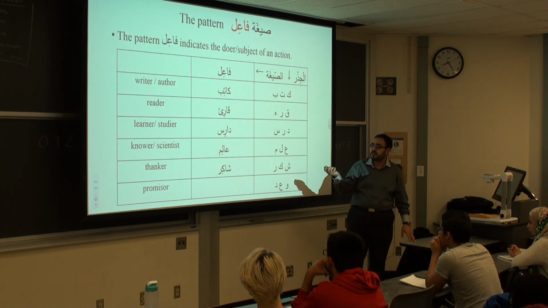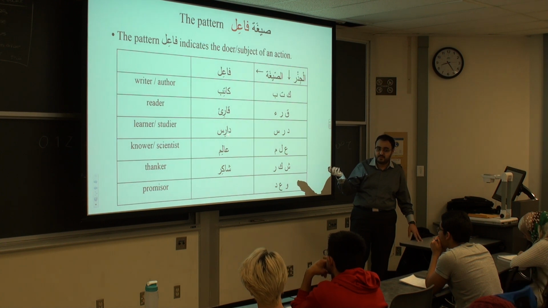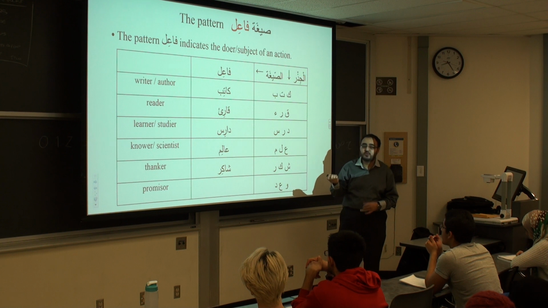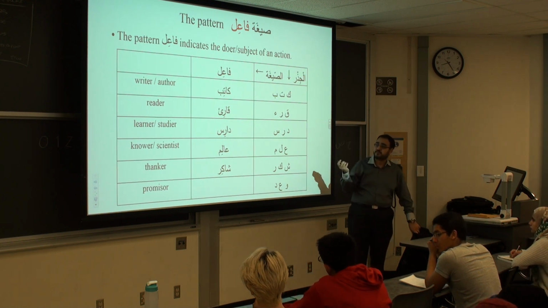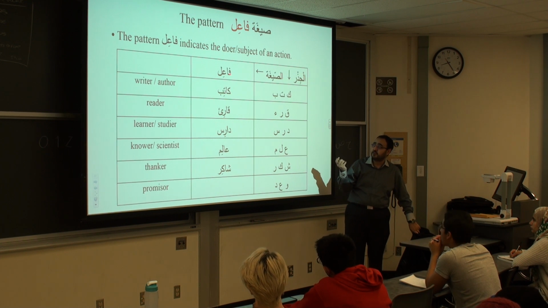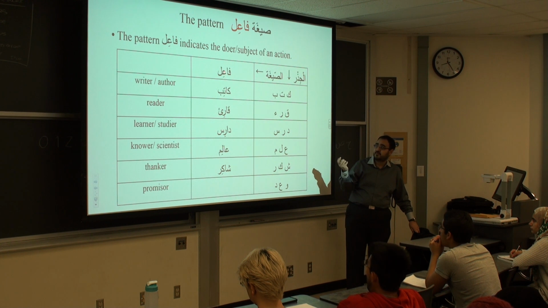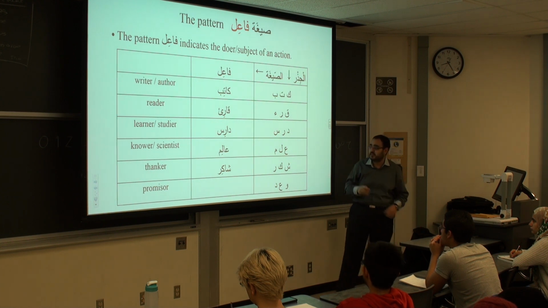Next one. So how do we form this word again? You replace the fa with the dal, the ayn with the ra, and the lam with the sin, exactly.